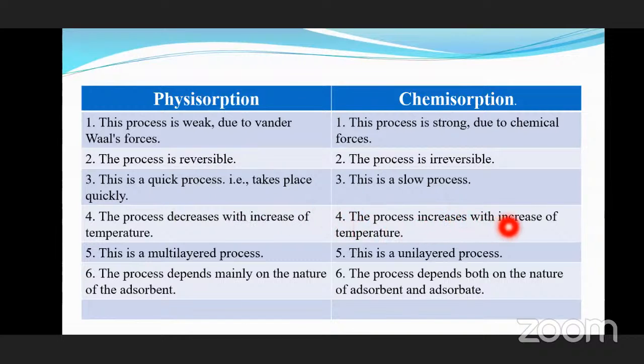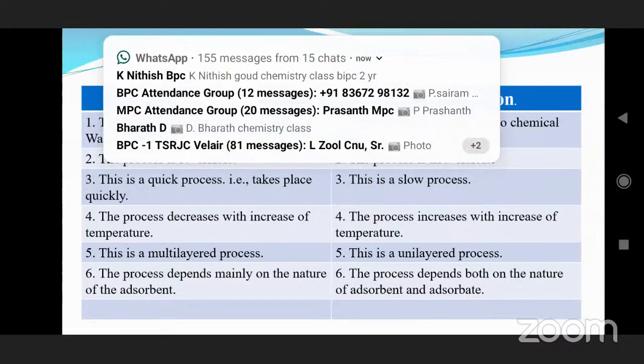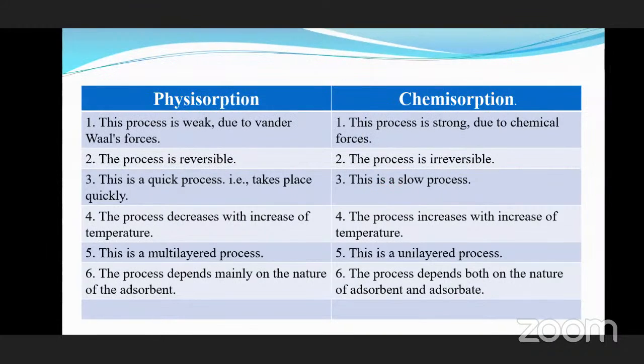The process increases with the increase of the temperature. That means by increasing temperature, chemisorption increases, but by increasing temperature, physisorption decreases. This is the fourth point under physisorption as well as chemisorption.